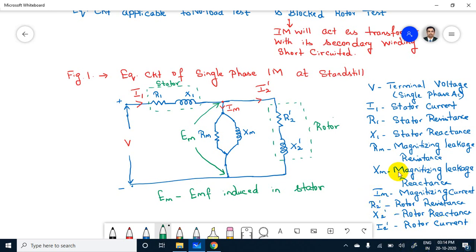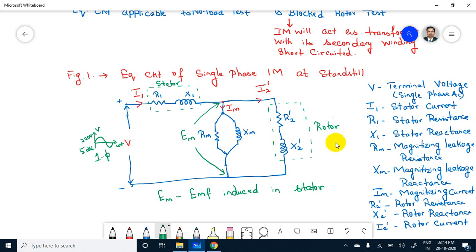So the supply which we are giving, it will be single phase supply, 220 volt, 50 hertz single phase supply.